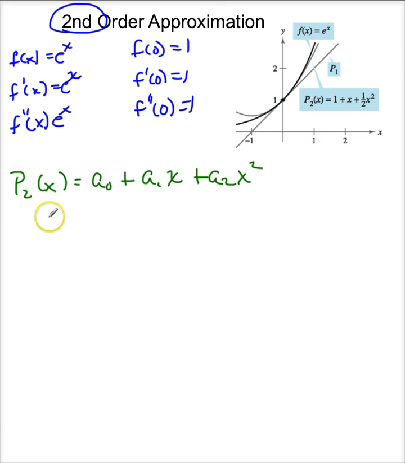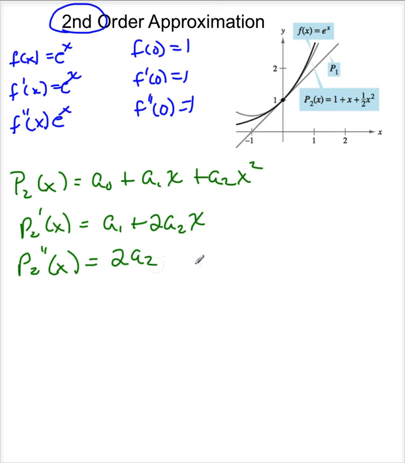So let me go on and find, let's do it this way. P2 prime of x is going to be a1 plus 2a2x, and P2 double prime of x is 2a2.